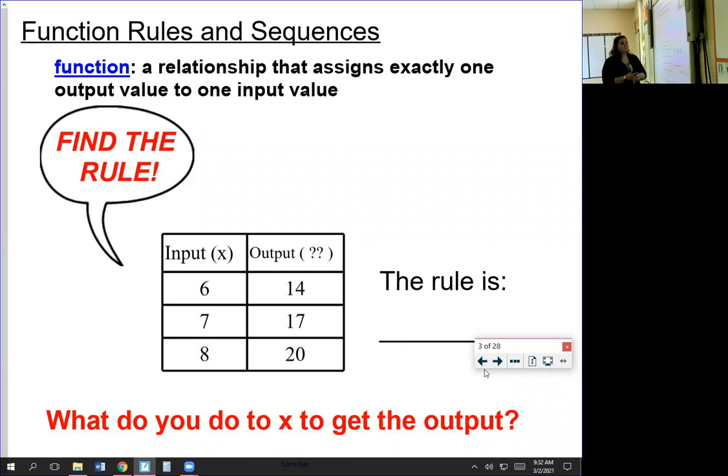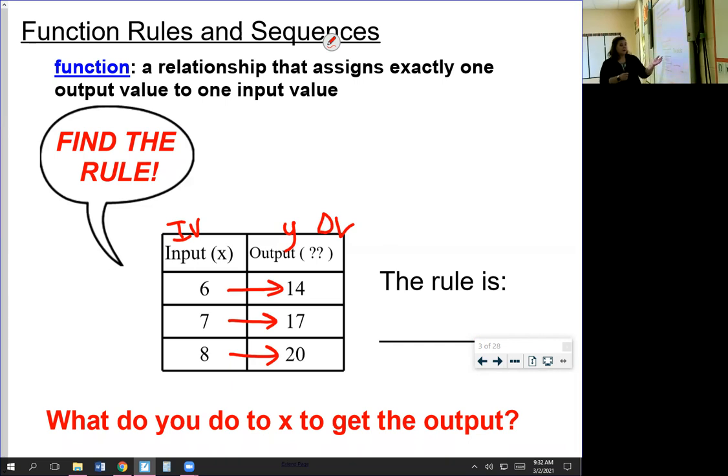These are two-step functions, so two-step equations to get these answers. If you look straight across, we want to know the relationship between our input and our output, or our x and our y. This is our independent variable, and this is your dependent variable if you want to go with science.